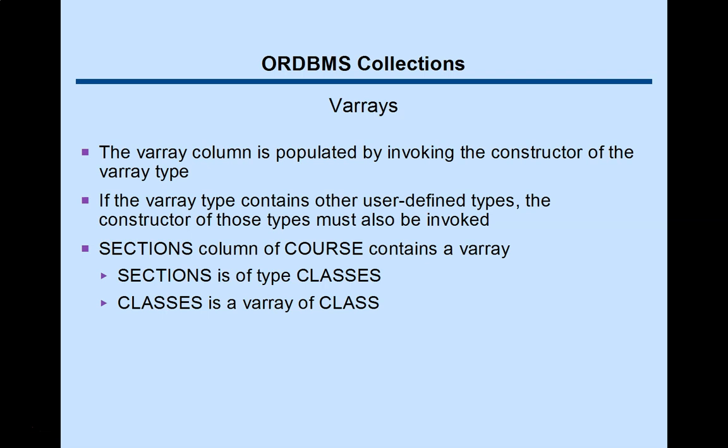This was the case when we examined the nested table. It will also apply here for our example of VArray, because the sections column is of type classes, the VArray type, but classes is a collection of class objects. So we'll need to invoke both the classes constructor and the class constructor.